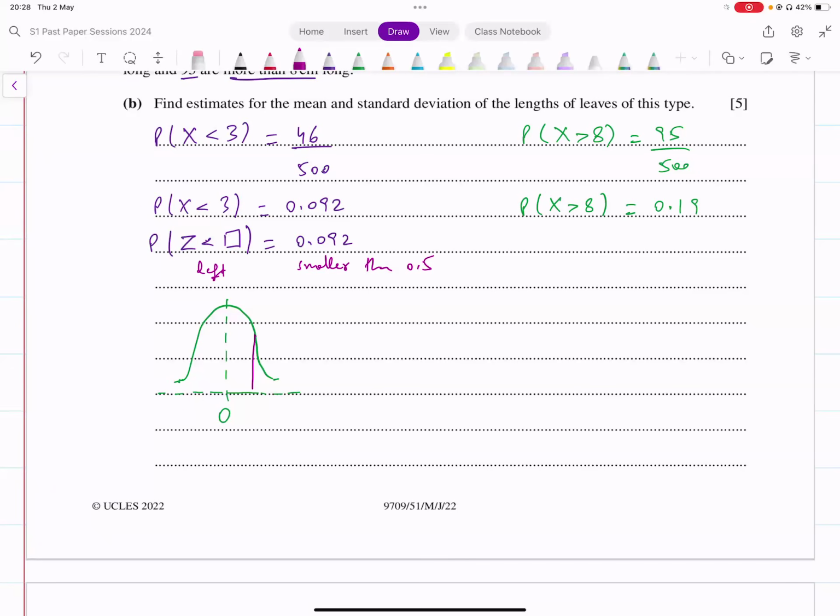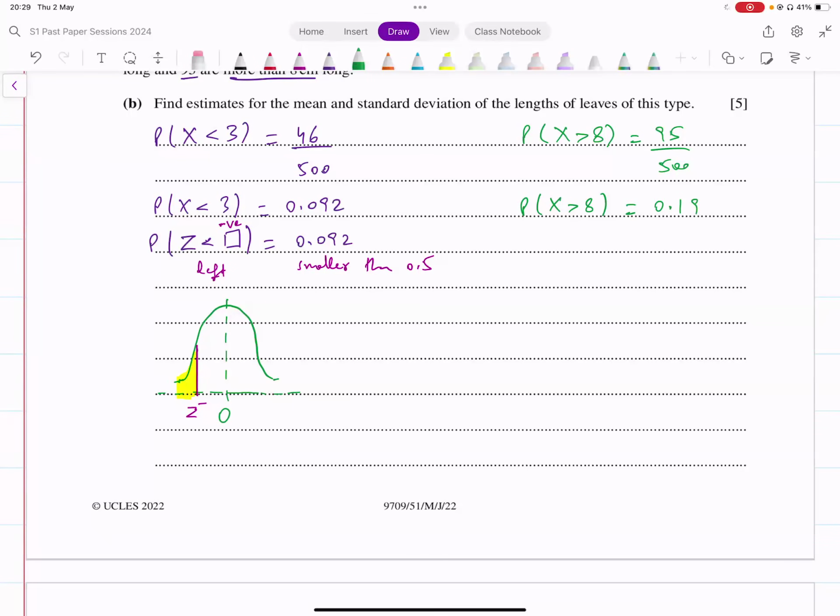If we place z here, the area to the left would be larger. We don't want that. If we place z here on the left side, on the negative side, that is when the area to the left side would be smaller. That means z is supposed to be a negative number. That's what we understand from this.